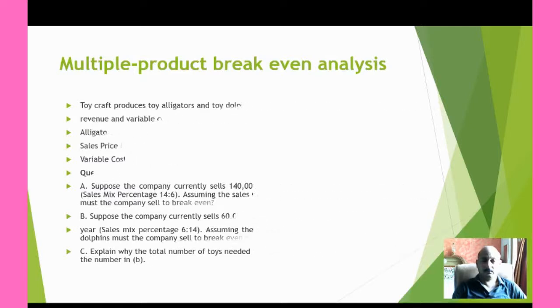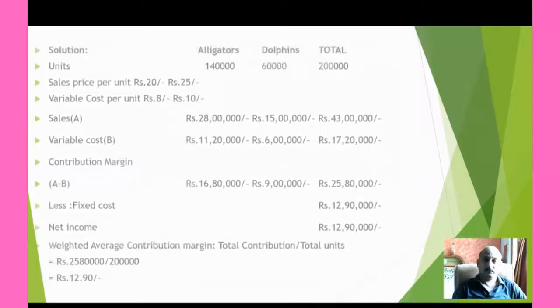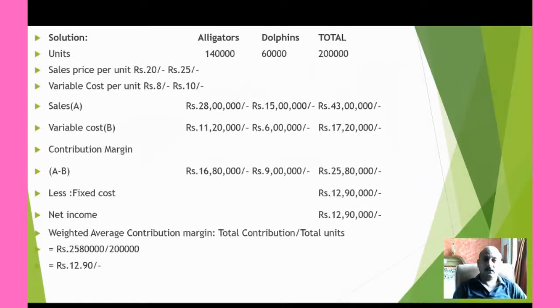Variable cost is rupees 11 lakh 20,000 and rupees 6 lakh, and total is 17 lakh 20,000. Then we calculate the contribution margin, A minus B. So the contribution margin is 16 lakh 80,000 for alligators, 9 lakh for dolphins, and 25 lakh 80,000 in total.